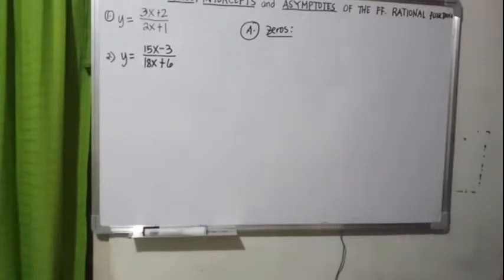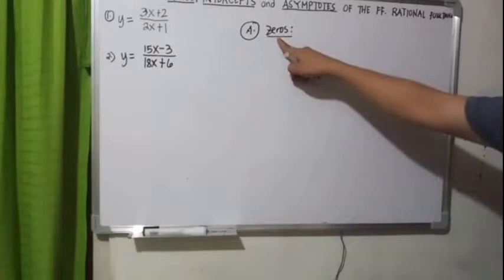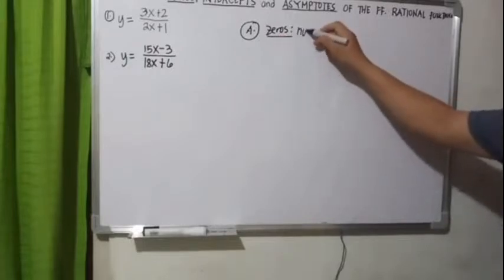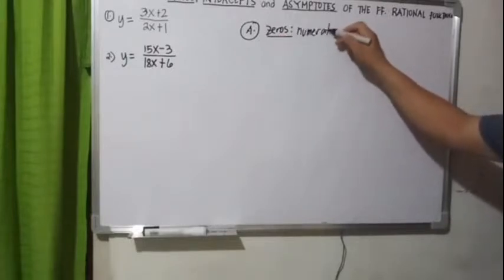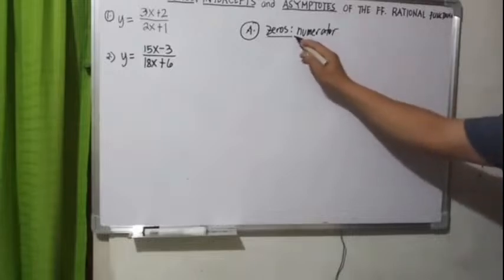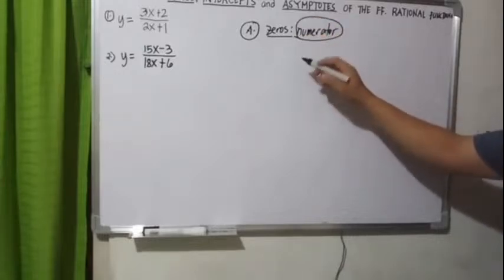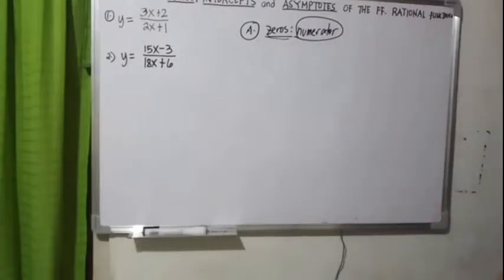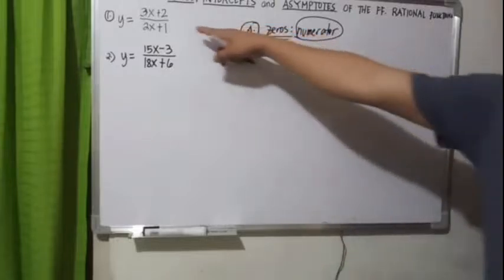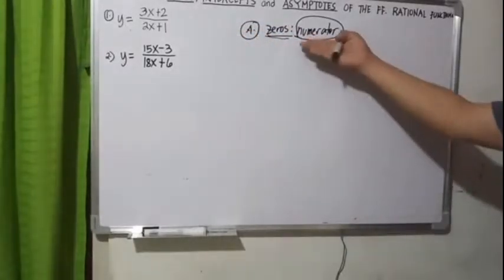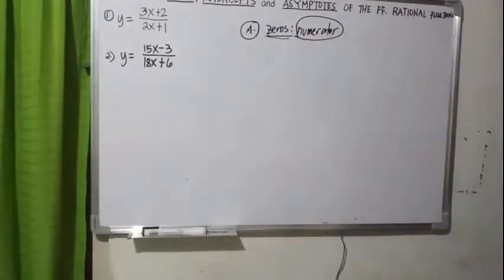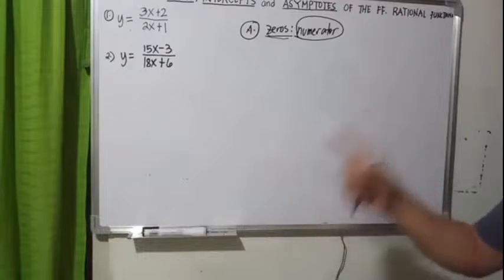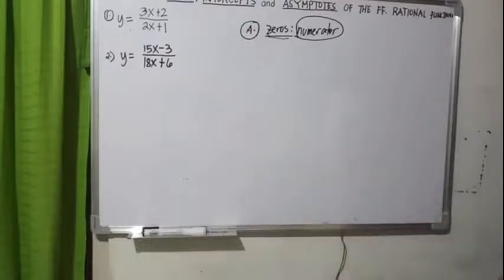So saan na tayo nakabase pag 0 sa hinahanap? Sa numerator. Dito lang tayo nakabase sa numerator pag zeros ang hinahanap natin. So based on that given functions or equations, what is the zeros of that given? So nakabase tayo sa numerator, and the value that makes the rational functions equal to 0.